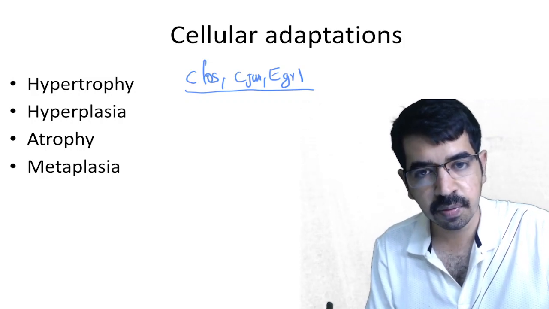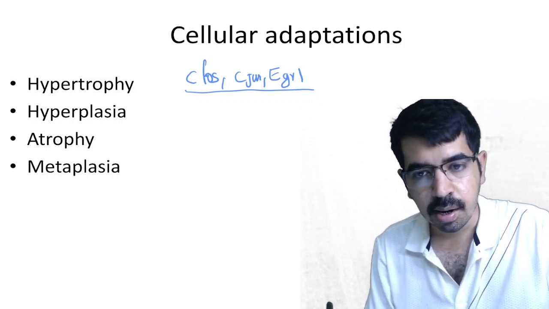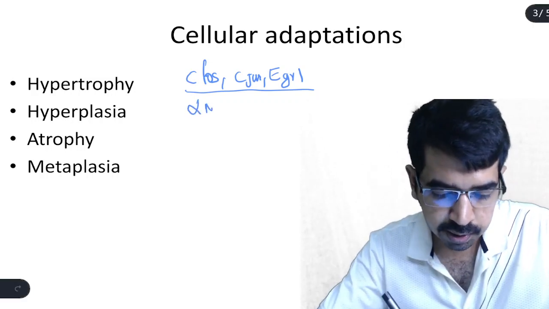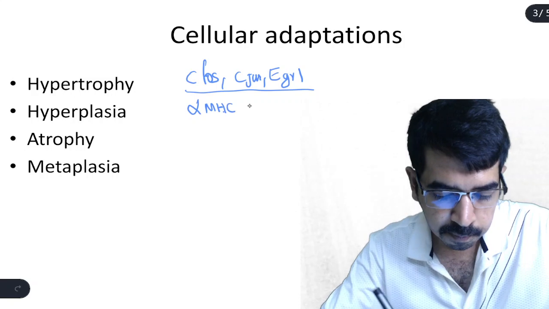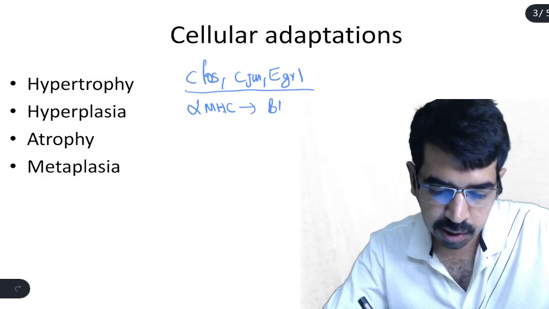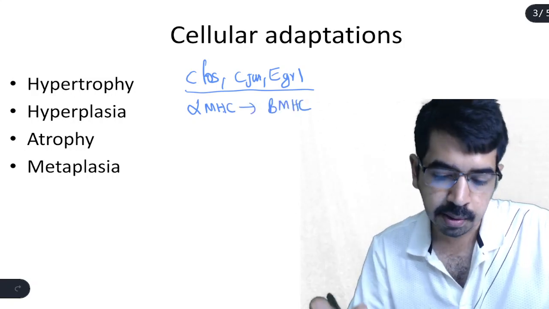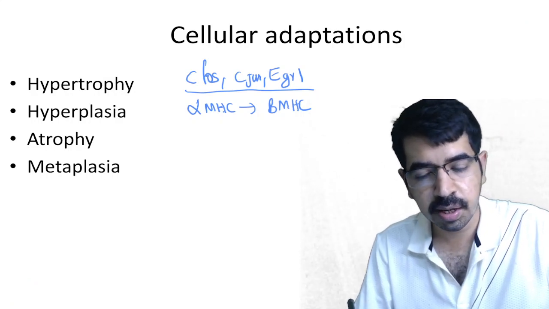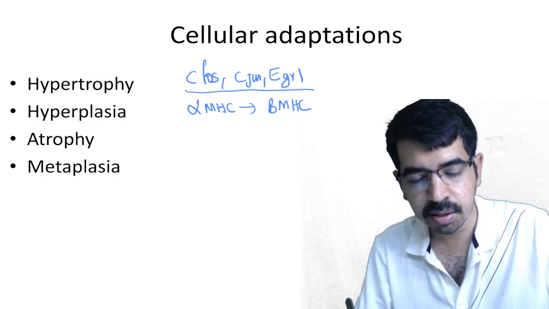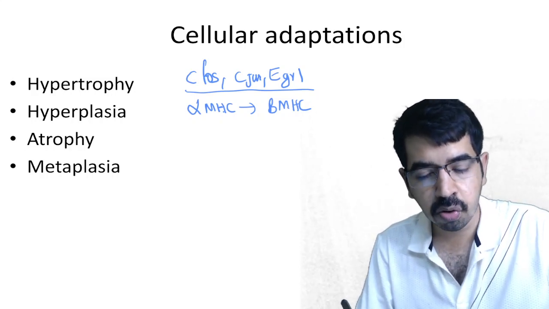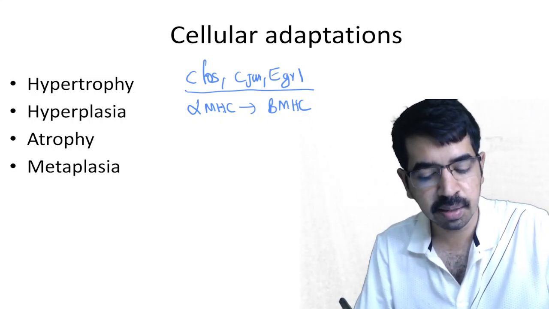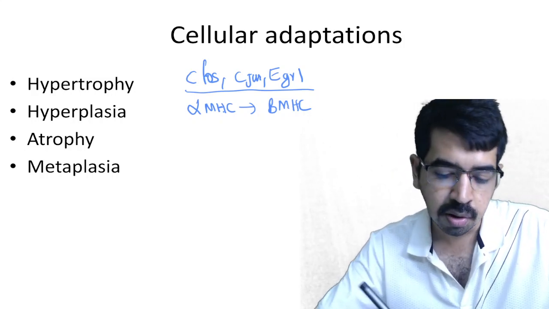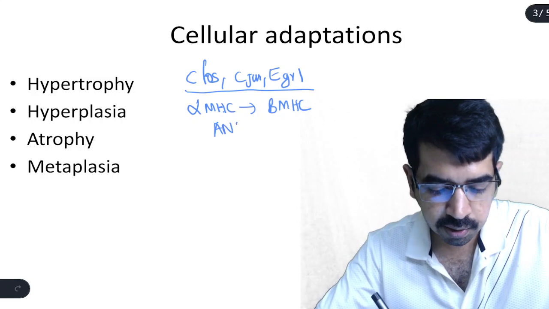Also, there can be a switch from the adult type of protein to the fetal type of protein. For example, alpha myosin heavy chain to beta myosin heavy chain. Compared to alpha myosin heavy chain, beta myosin heavy chain has decreased ATPase activity, but it has slower, sustained contraction, energetically more stable. So alpha myosin heavy chain is replaced by beta myosin heavy chain. Also, there can be atrial natriuretic factor.